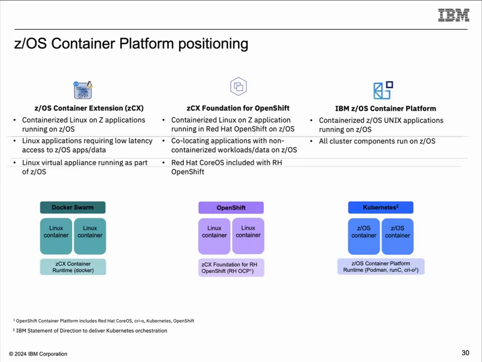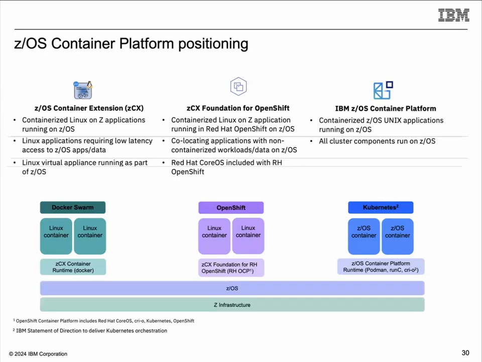In addition, as I mentioned in the statement of direction, we will be providing Kubernetes orchestration. So the same tools you use on other platforms for deploying your workload, and monitoring and managing it, with the same tooling and look and feel, will be available to you on zOS via the zOS container platform.